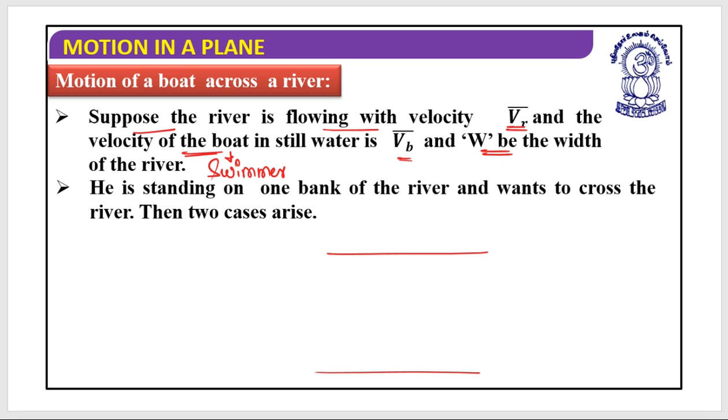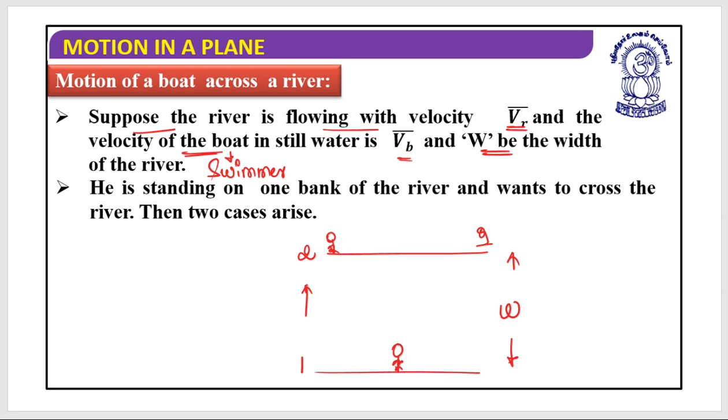Let's say this is the river, this is the width of the river. If you are standing at one of the banks, let's suppose here, and want to cross the river, that means you want to reach somewhere here, probably here or here, something like this. It's the first bank, it's the second bank, so you want to move from first to second. Then what should be done?